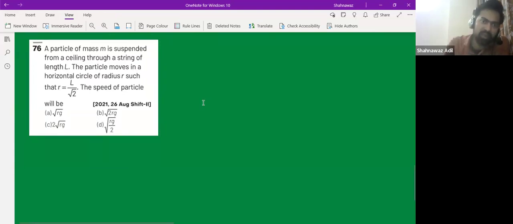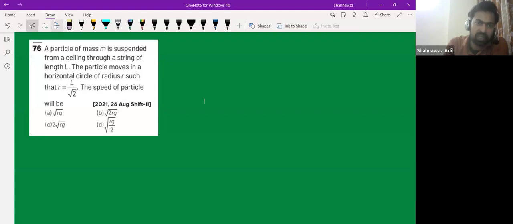So what do we have? A particle M is suspended from a ceiling by a string of length L. The particle moves in a horizontal circle of radius R such that R is L by root 2. Then you guys have to find the speed of the particle, right? So this is, let's say, the fan.